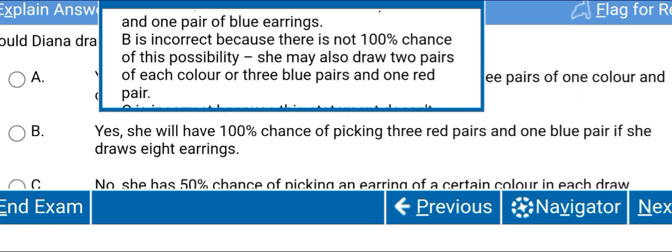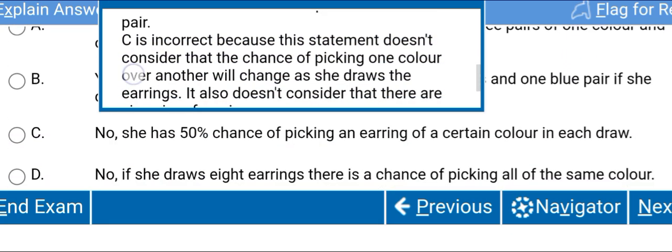B is incorrect because there is not 100% chance of this possibility. She may also draw 2 pairs of each color or 3 blue pairs and 1 red pair.